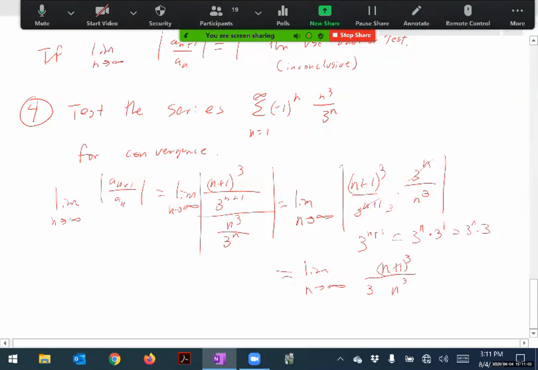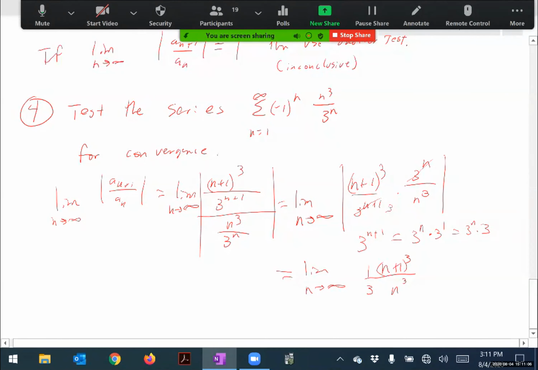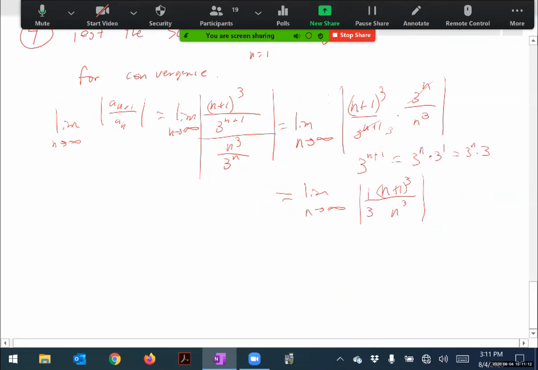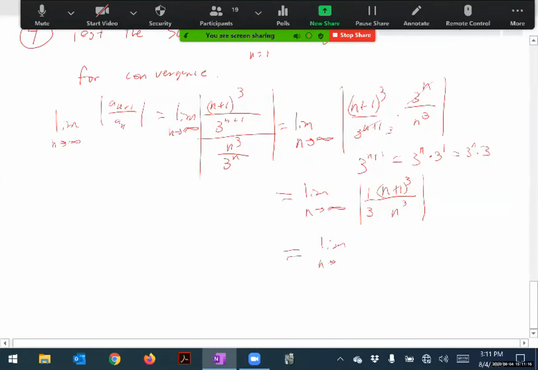Maybe I'll get rid of that 1. I'll put it there: 1/3, absolute value of that thing. Let's continue with this. This is equal to the limit as n goes to infinity of 1/3, and then this thing I can rewrite as (n plus 1) over n to the 3rd power.